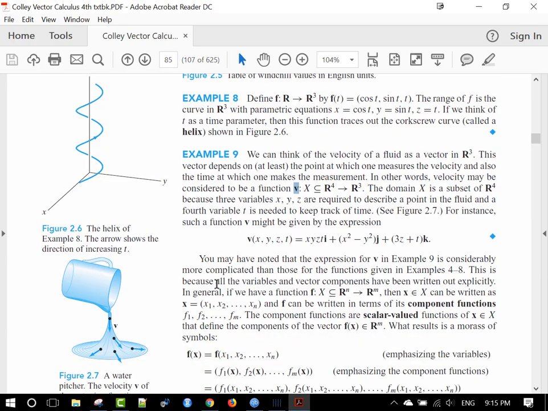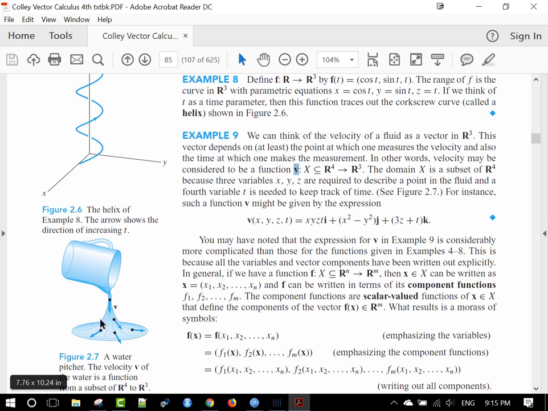Here's another picture. So at any particular place and any particular time, you have a velocity. And a velocity points in a particular direction, and it also has a magnitude. And it's given by this. Given this input, we get this output, which tells us the velocity.